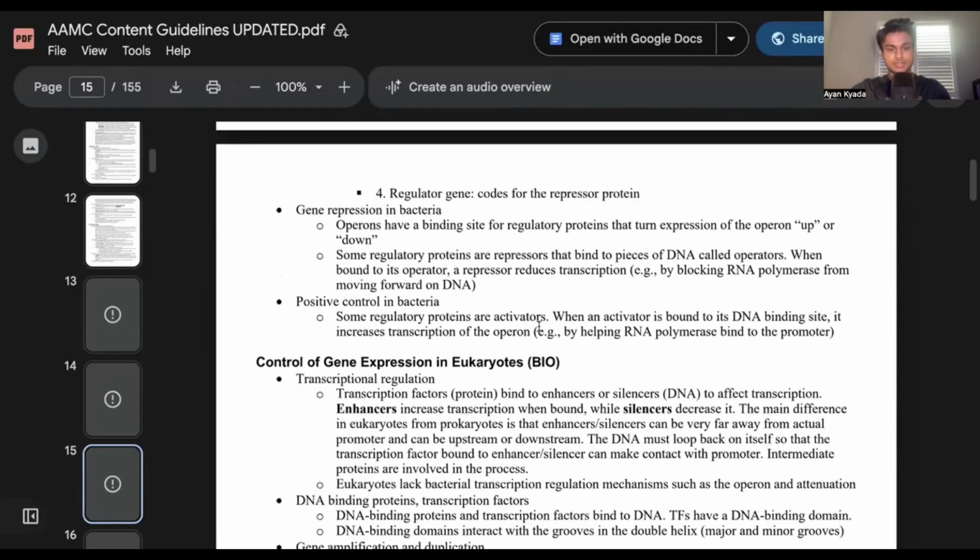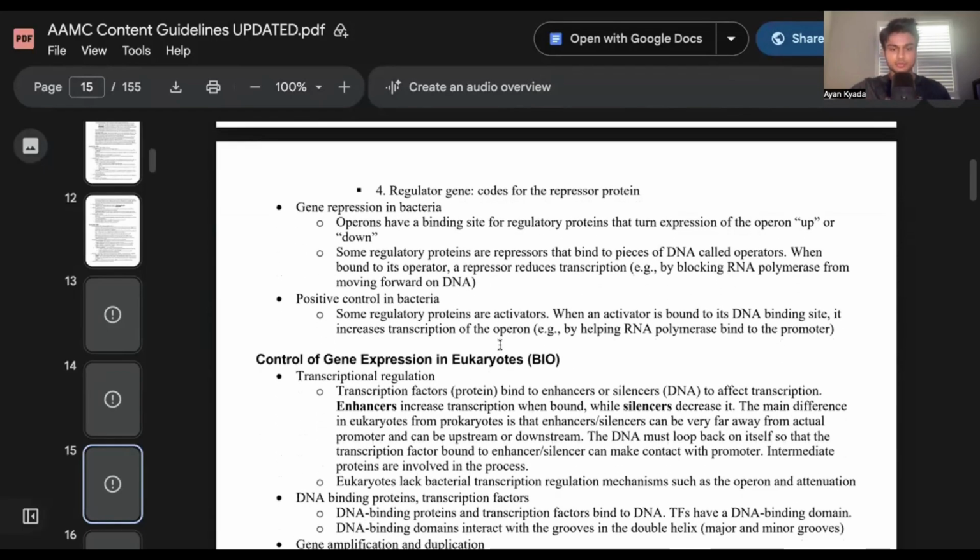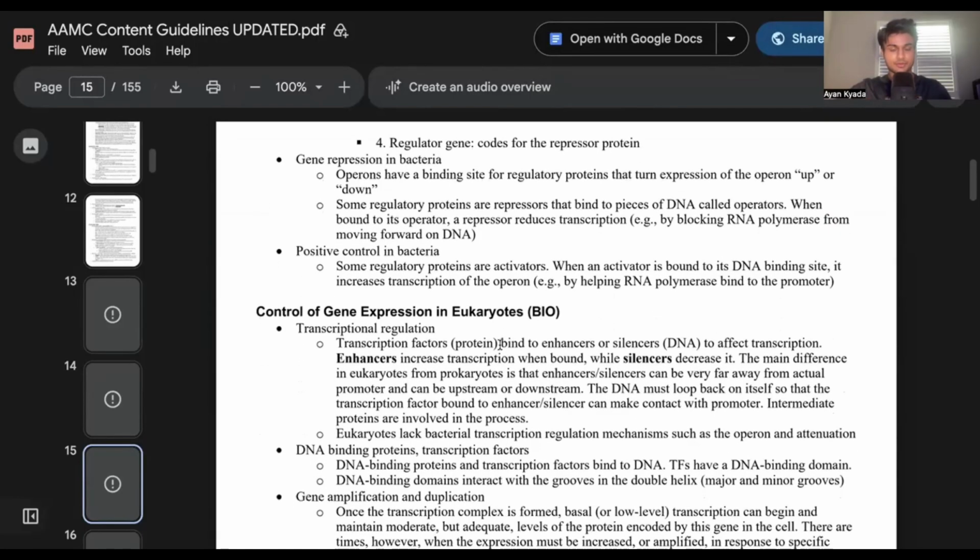In eukaryotes, we use entirely different methods to control gene expression. And before we get into those, I want to differentiate between the term gene expression and the term transcription. So, the term gene expression refers to converting the genetic information, so for eukaryotes, DNA, into proteins. But transcription, as we know, is the process of converting DNA into mRNA, and that is the first step of gene expression.